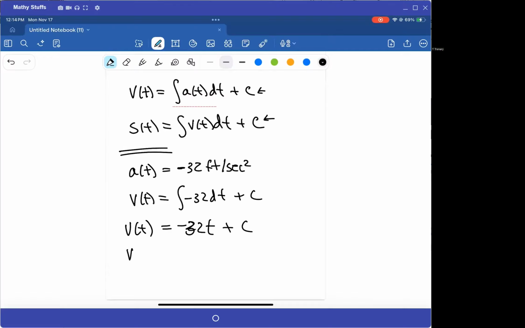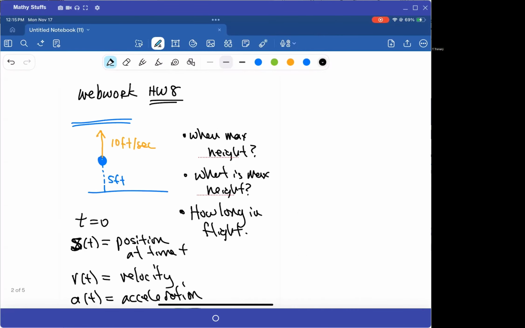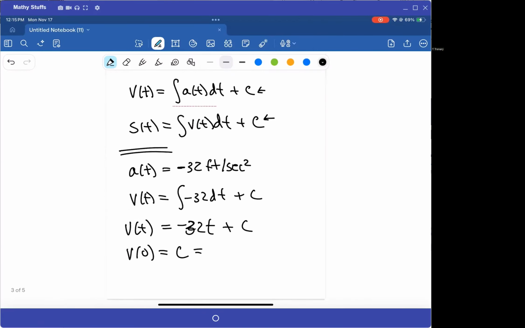Now, v of 0 is our initial velocity, and you notice that if I replace t with 0, I just get c. So c is equal to the initial velocity of 10 feet per second, which is positive because it's moving away from the Earth. Our velocity function then is negative 32t plus 10.